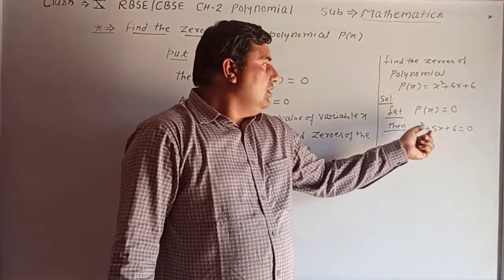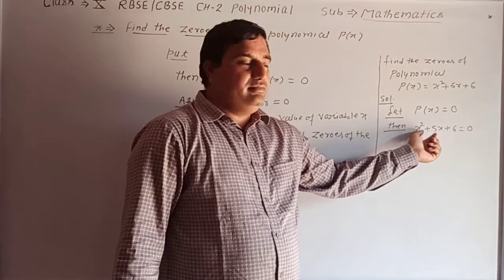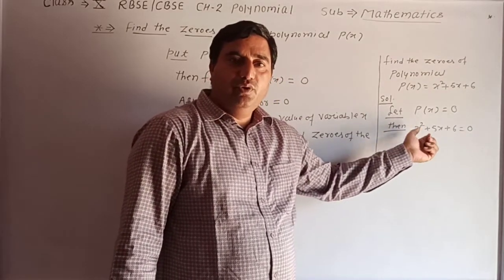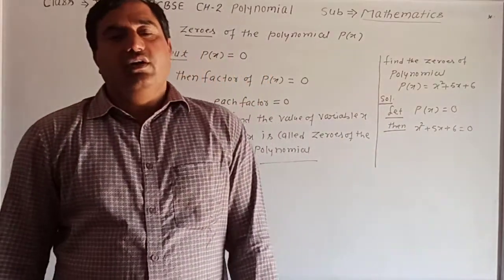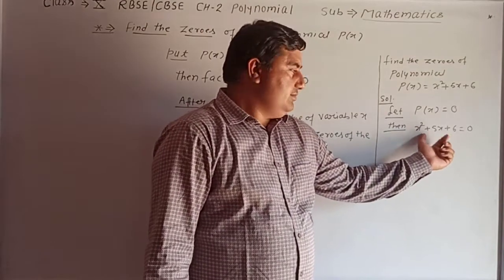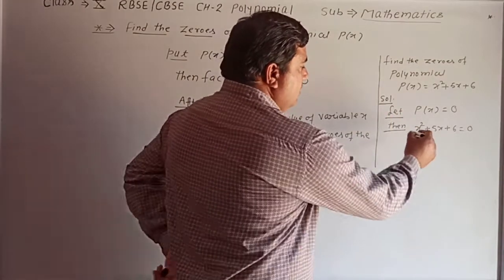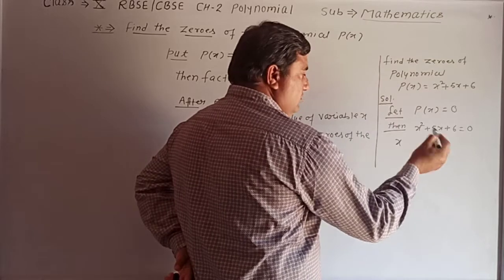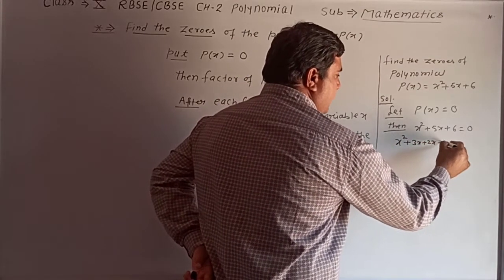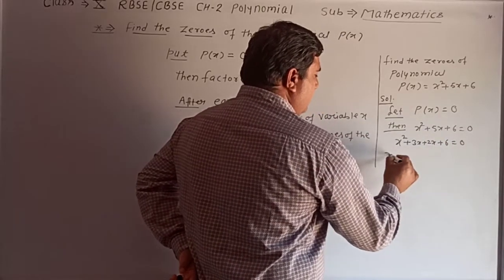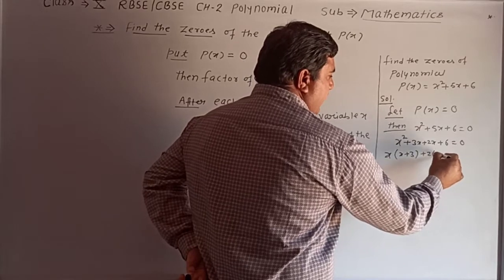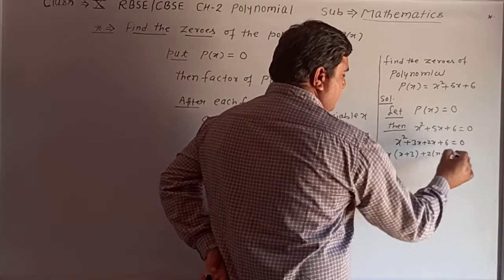Factor this quadratic polynomial. It is called a quadratic polynomial because its degree is 2. Factoring: x square plus 3x plus 2x plus 6 equals to 0. x into x plus 3, plus 2 into x plus 3, equals to 0.